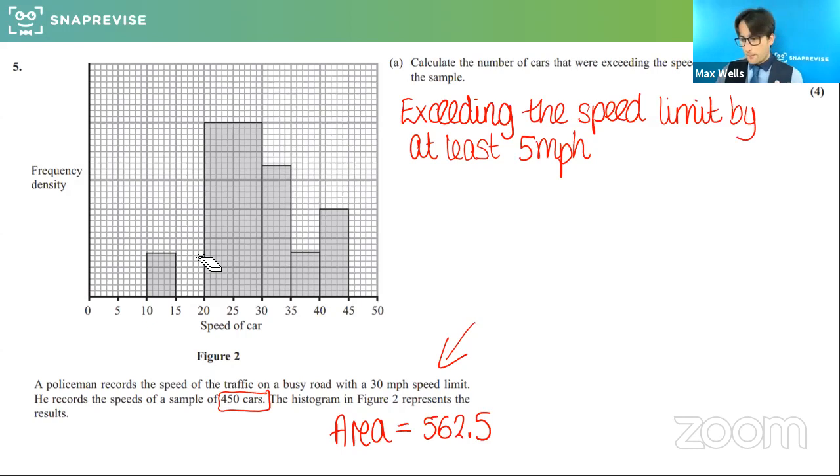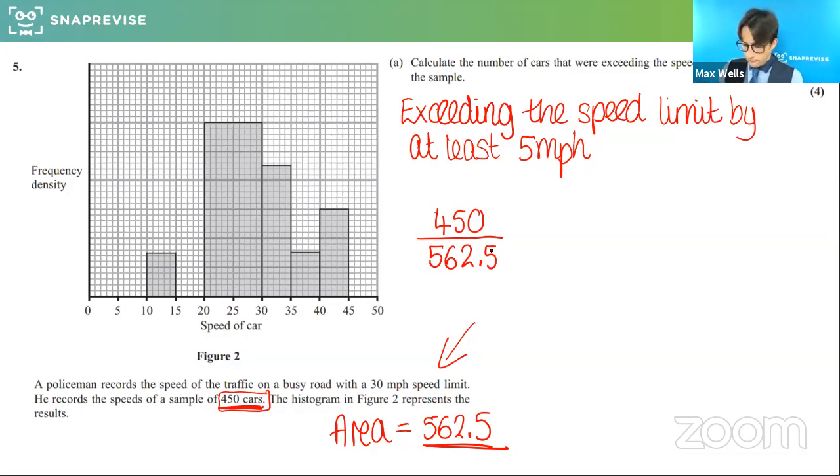So I'm kind of going by boxes. Absolutely. Let's just have a little think. So almost, we're going to actually do it the other way around. The way I would do this is say, well, 450 cars is represented by this area. So if we do 450 divided by, and there's other ways you could approach this. So if you have done it the other way around, that's fine.